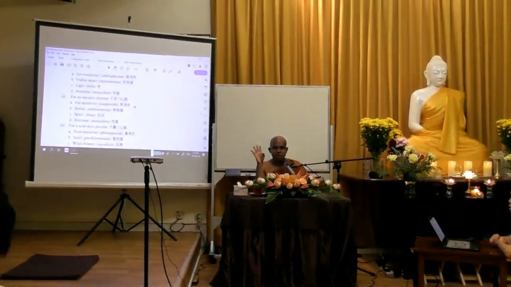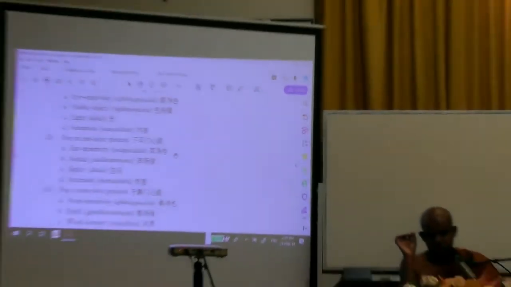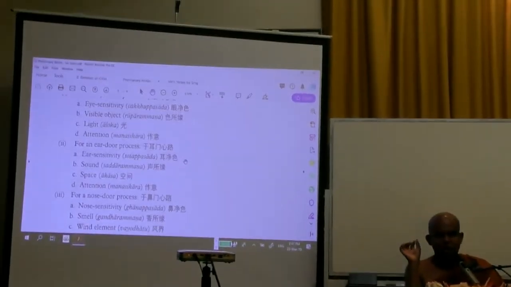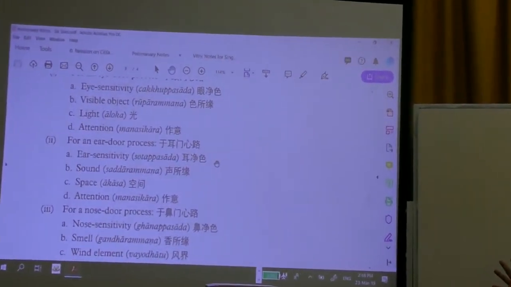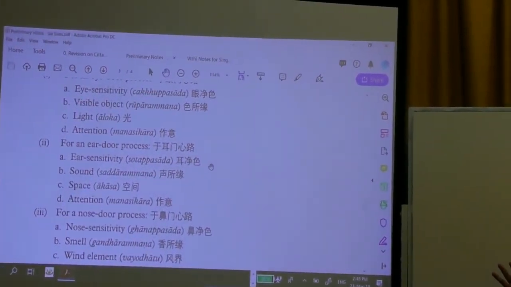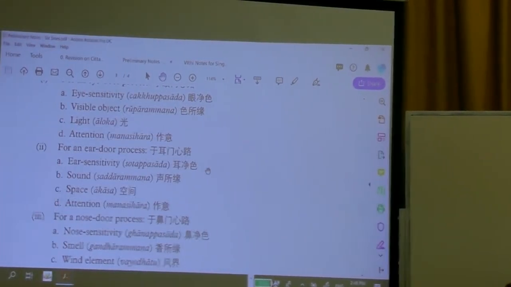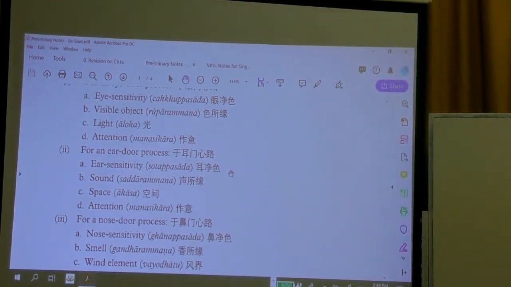Sotappasada, sadda, akasa space, and attention, manasikara. Now you know the attention meaning, no? Attention means the pañcadvārāvajjana mind. Five-door adverting consciousness is called the attention mind.